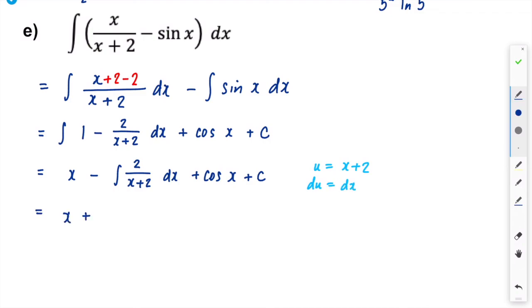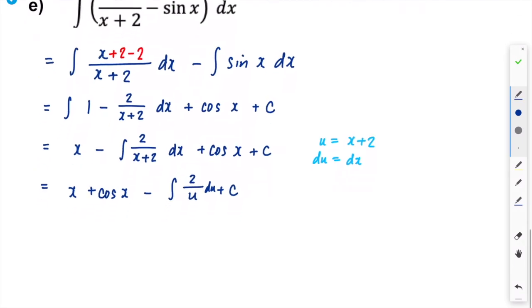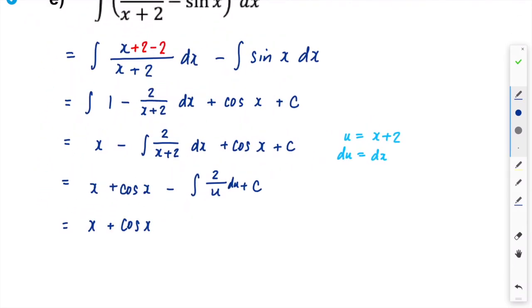Let me keep cos x in the front. We will be integrating 2 over u du plus c. Okay? Now I know that the integral of 1 over u is ln u. I'm going to substitute u, which is x plus 2, back here. And we are done.